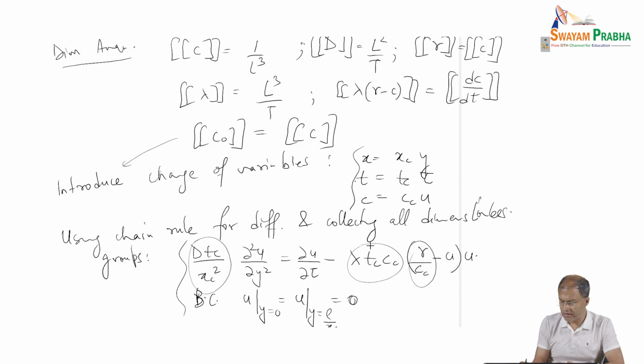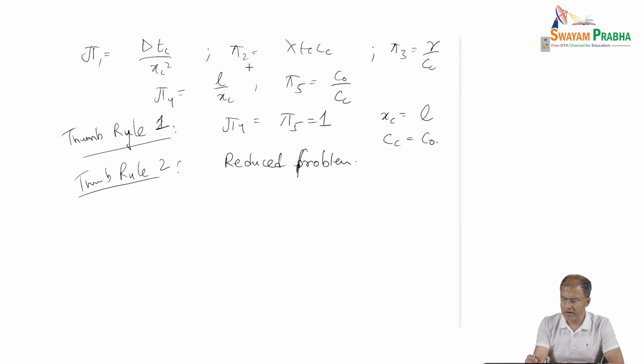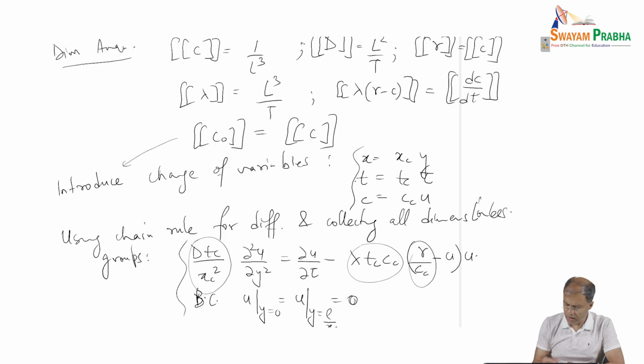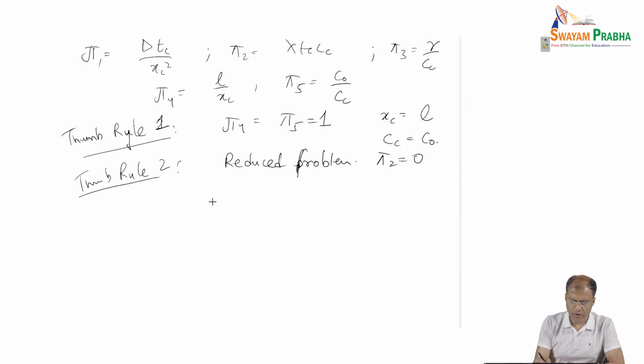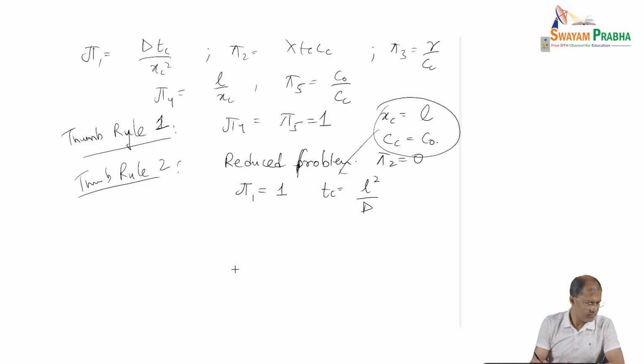So we set the characteristic group pi 2 equal to 0 to bring us to the reduced problem. And now the only dimensionless group that remains is pi 1. So we set pi 1 equal to 1. And from all these conditions, we see that my time scale comes out to be L square over D.